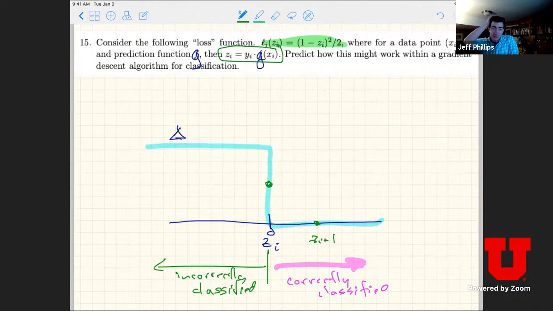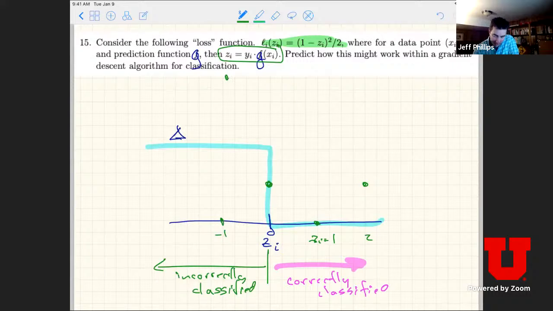If zi is equal to 2, let's try 2, then 1 minus 2 is -1 squared divided by 2, so 1/2 again. Oh, that looks kind of weird. Okay, let's try a value of -1. 1 minus -1 is -2 squared, divided by 2, it's going to be up here.